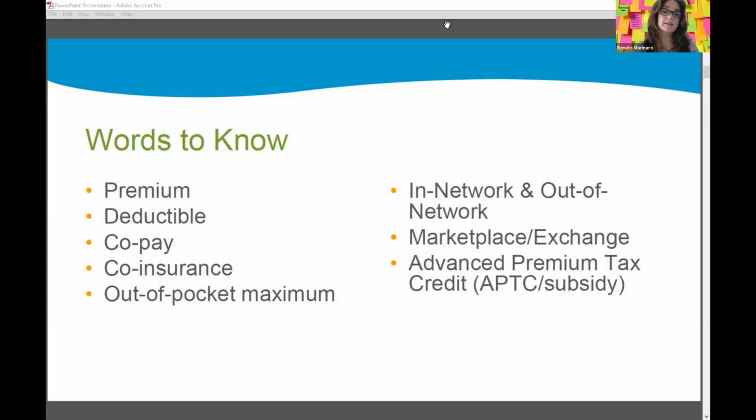And what that means is every year there's an official federal out-of-pocket maximum, and this year it's $8,150. So if you have insurance that's regulated through the ACA or exchange, you're not paying more than $8,150 per person for medical expenses in a year.